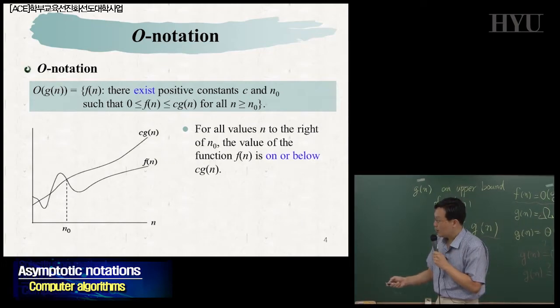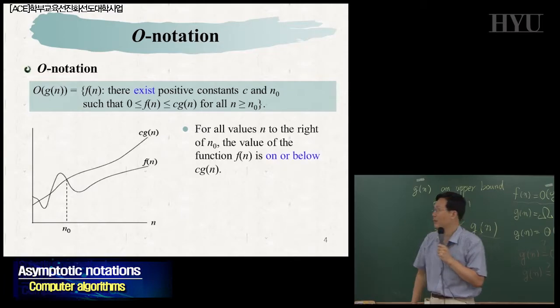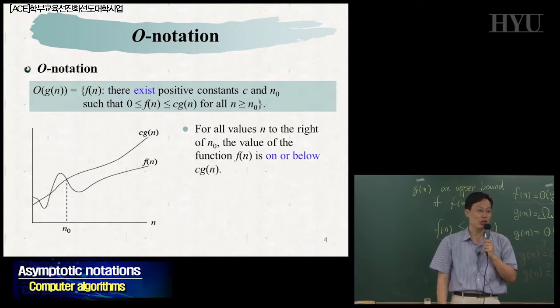But when n is bigger than n0, g of n should be larger than or equal to f of n. And one more. We can multiply a positive constant c to g of n.